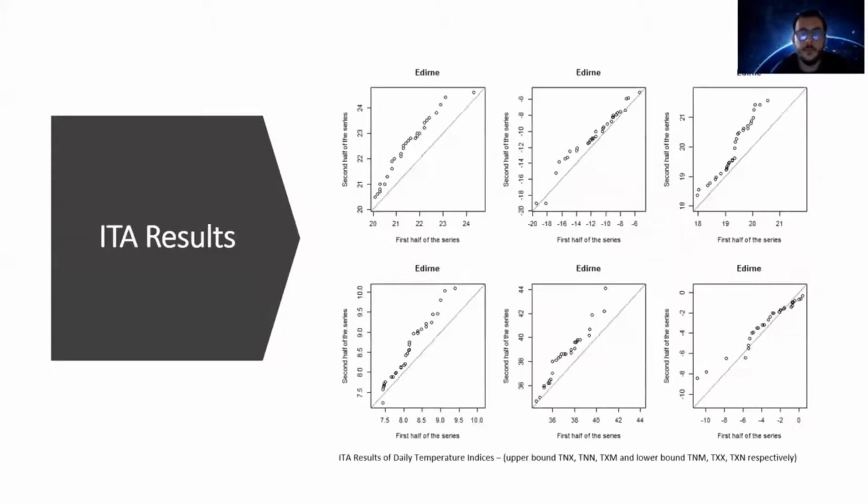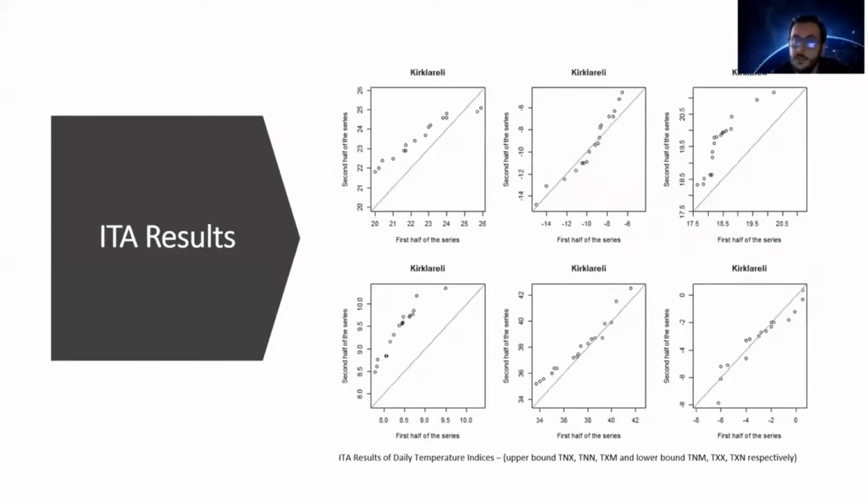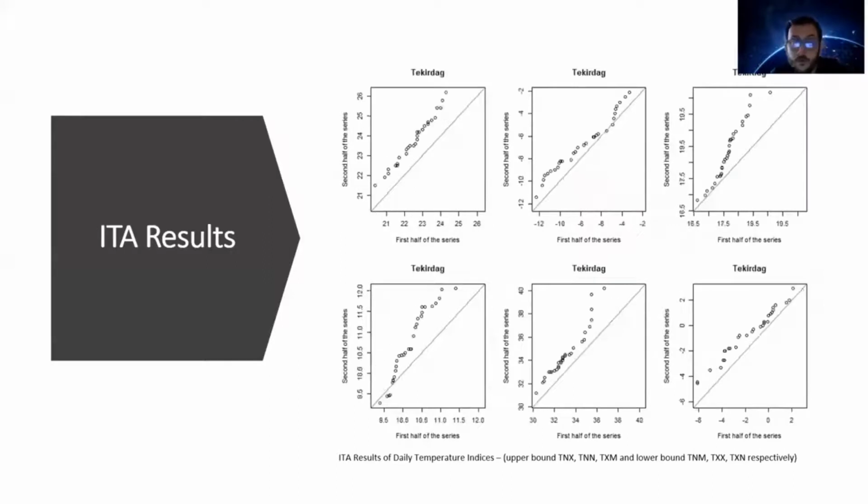When we look at the results of innovative trend analysis, we can see parallel results with the Mann-Kendall test. From the innovative trend analysis for the Edirne, Kırklareli, and Tekirdağ stations, when we look at the distribution of the low, medium, or high values, we can see the increasing trends of the daily temperature indices.